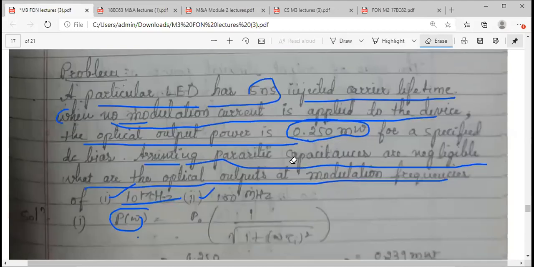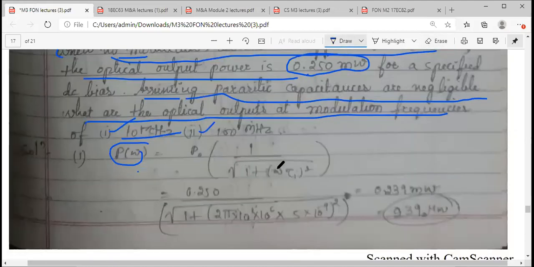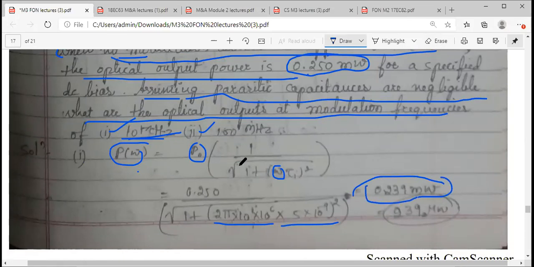In this, omega is 2 pi f, and frequency is given as 10 megahertz. P naught is given to you when no modulation is applied, that is 0.250 milliwatts. If you calculate, you will get 0.239 milliwatts. This is your optical output power.